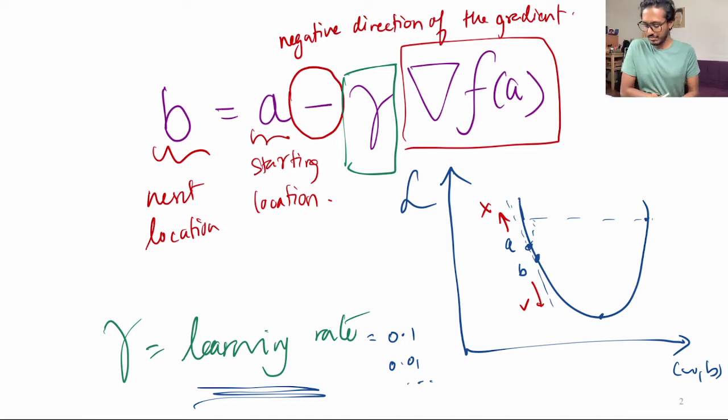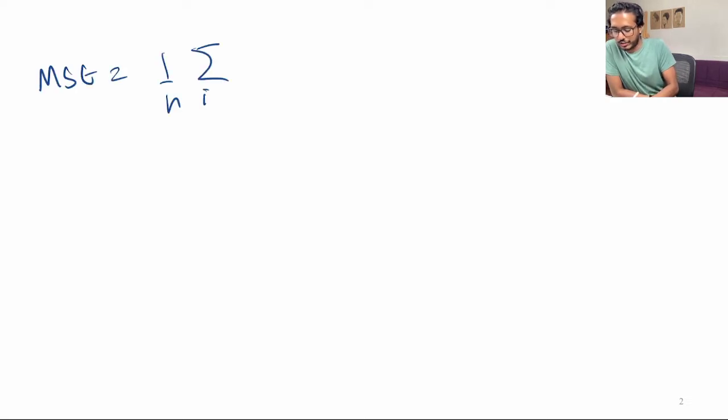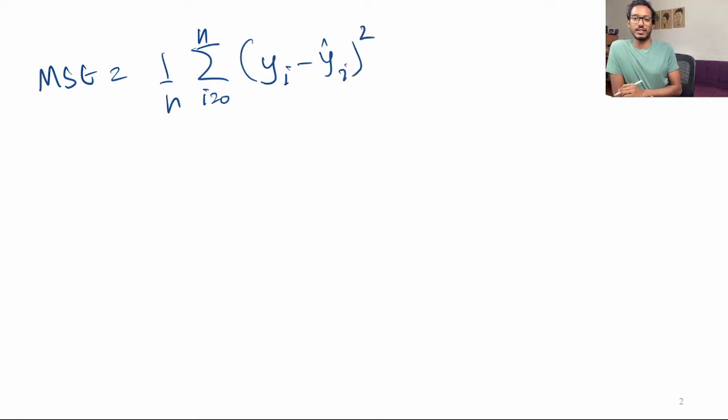Having explained this, let's see how we can calculate these gradients for our mean squared error. We talked earlier that mean squared error is 1 over n, sum of i equals 0 to n, y_i minus y hat_i squared.